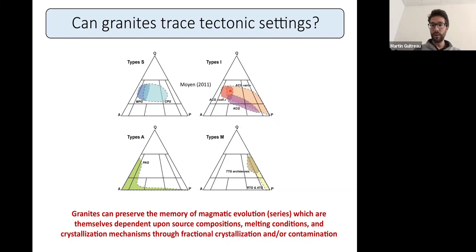You can see this type of evolution for most of the I types. The M type will spread along the right edge of the Streckeisen diagram, whereas the A type will go at the bottom and then go up as the silica increases through differentiation. And the S type will more or less remain in this area.